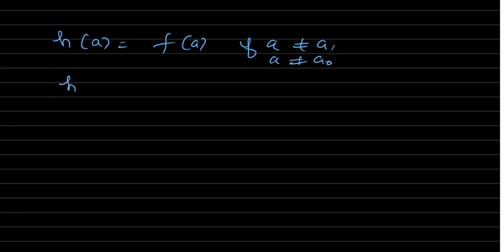And what's h of a1? h of a1 we define as m, and h of a0 we define as n plus 1. At these two points we define it like this.